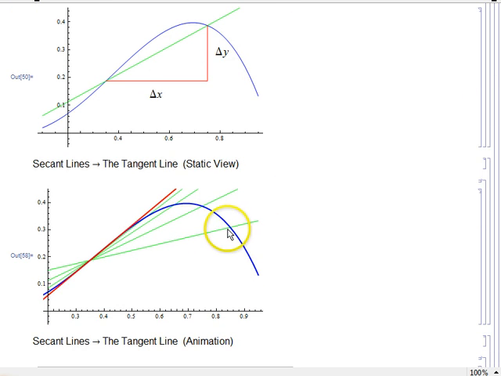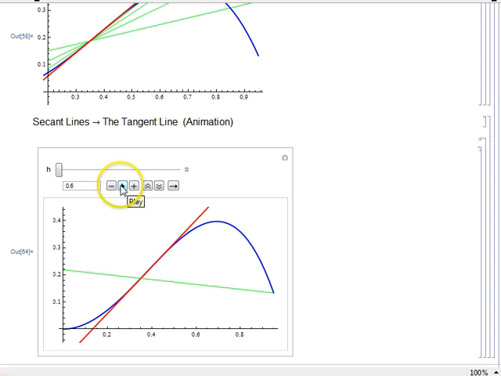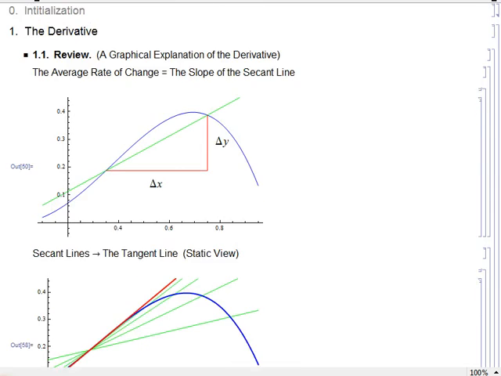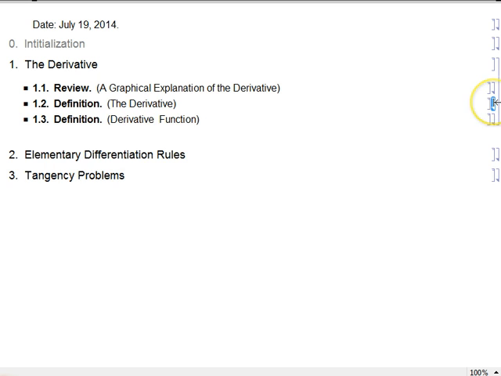When the second reference point gets closer and closer to the first one, or delta x and delta y go down to 0 or infinitesimal, then those green lines converge to this red line, the secant line converging to the tangent line, and we can even animate it kind of like this. Okay, that was fun. All these point toward the limit notation.